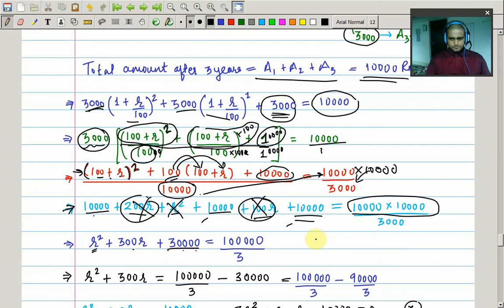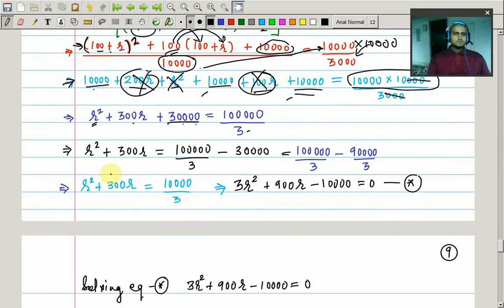This is cancelled and I have 1 lakh upon 3. What I'm trying to do is make a quadratic polynomial instead of a cubic polynomial, and a quadratic polynomial will be easier to solve than the cubic one.